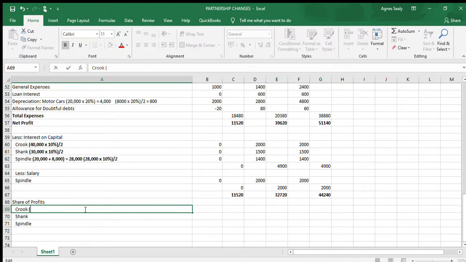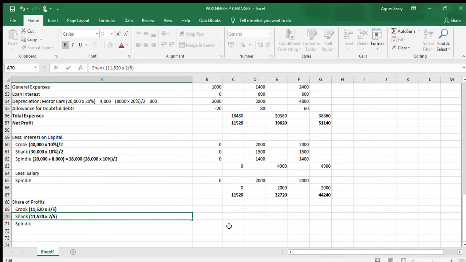So let's look at the first period. First, before I put it in the formula, Crook will be getting 11,520 times 3 on 5, and Shank will be getting 11,520 times 2 on 5.